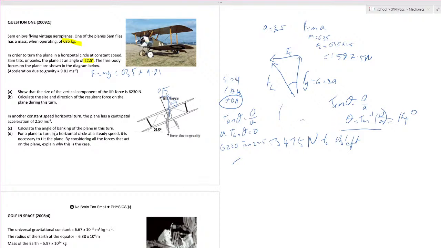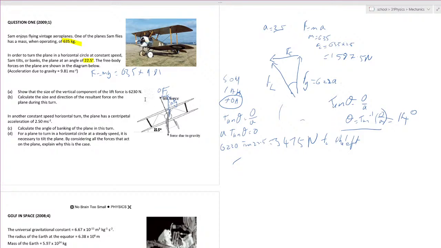For a plane to tilt in a horizontal circle at a steady speed, it is necessary to tilt the plane. By considering all the forces that act on the plane, explain why this is the case. Okay, so we've got a weight force acting downwards, we've got the lift force acting upwards, and we've also got a centripetal force acting inwards.